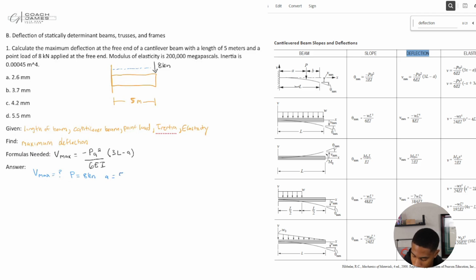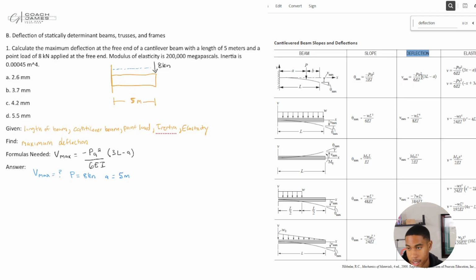Well, that's 5 meters, right? And just something to throw at you, what would B be in this case? It's the distance from the point load to the end. So in this case, B would be 0, but we don't need B in this case, but just a question that they could ask.